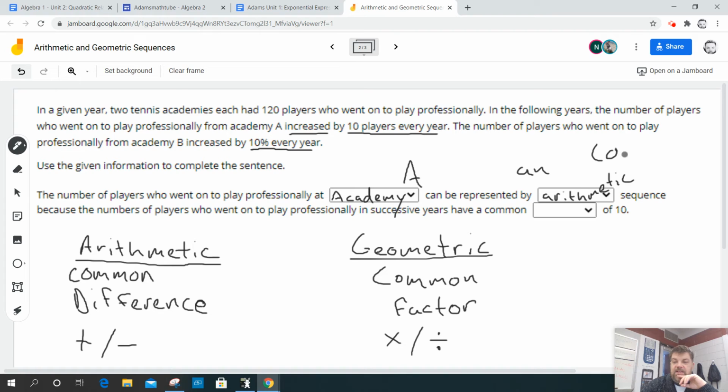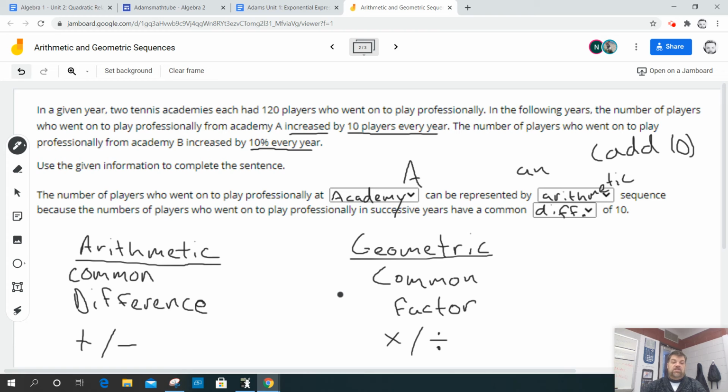Because we're adding 10 players each year. Because the number of players who went on to play professionally in succession have a common difference of 10. Okay. Now, if we were to look at Academy B, because they're increasing by 10%, we would multiply that.